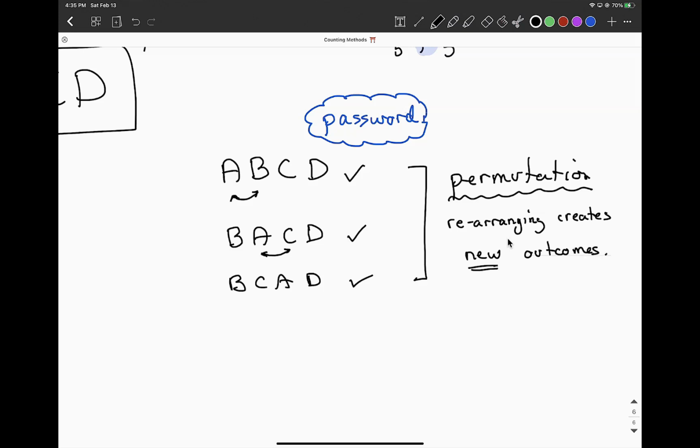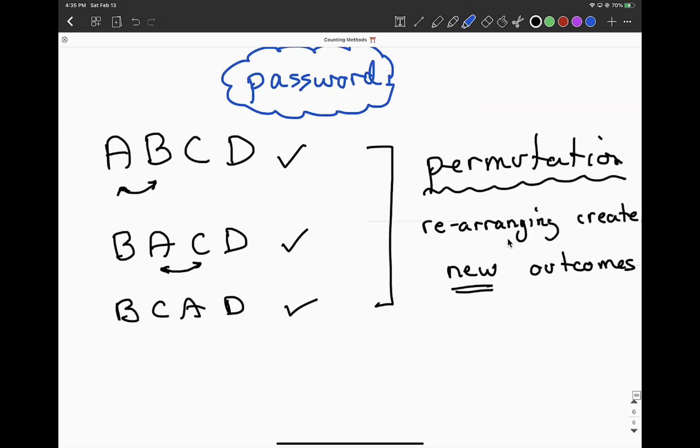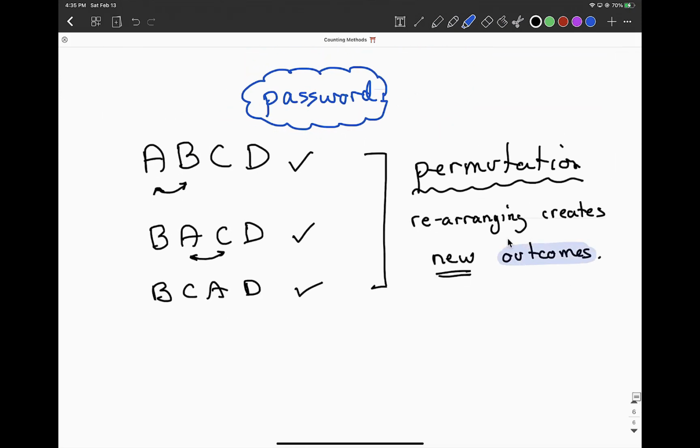If you move anything, and it changes the password, or changes the way people are lining up in a photograph, if it does in fact change what you've created, called an outcome, you are building yourself a permutation.